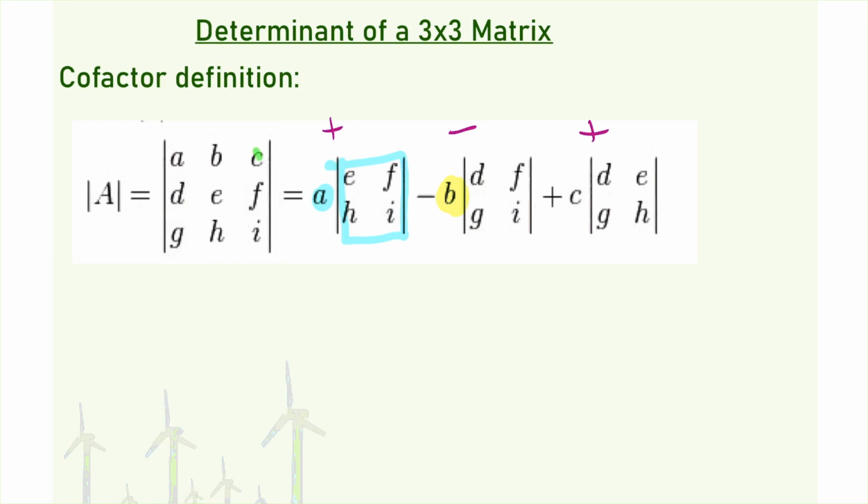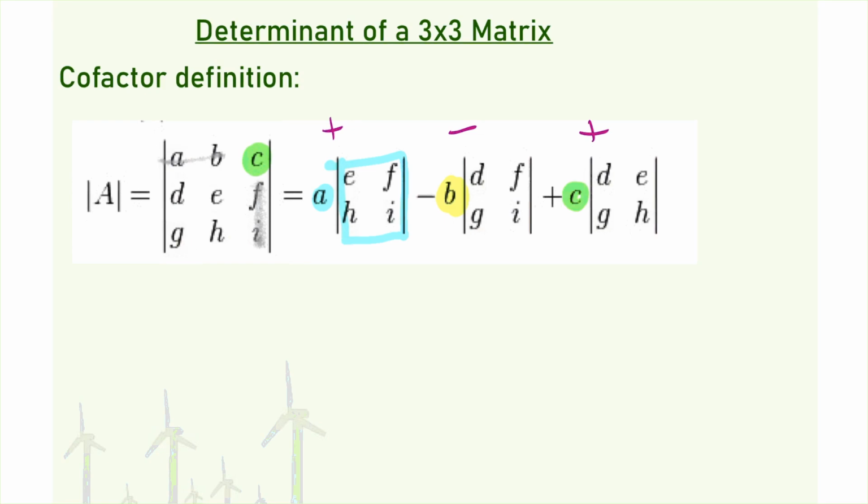Next, we have C. C is the last element in that row. If I cross out the row and the column that C is in, I get the mini matrix created by D, E, G, H, which is what remains when I cross out the row and column that C is in.